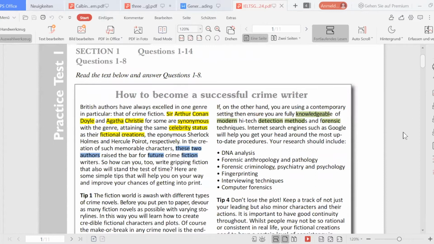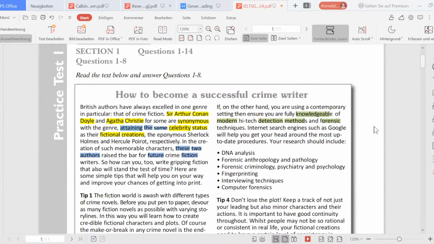So already, what can you say about this? Were the characters that the authors created more famous than they were, or what does the text say? This is clearly a false statement, because here we've got the reason: attaining the same celebrity status.